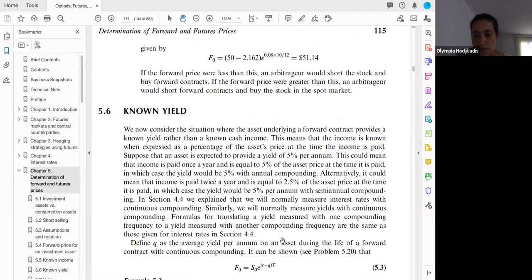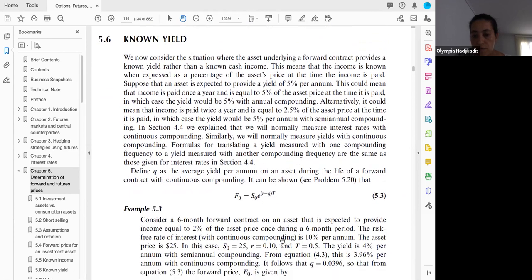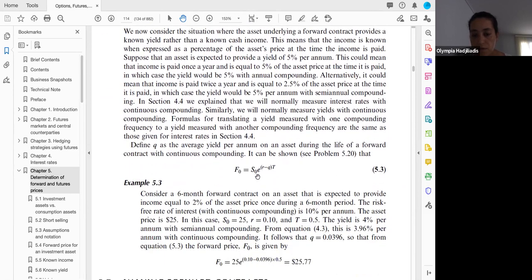It's just an application of this particular formula. F0 is equal to S0 e to the (R minus Q) T, where R is the interest rate and Q is the dividend yield expressed as compounded yearly.